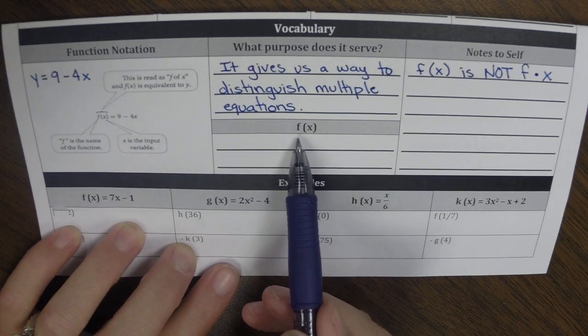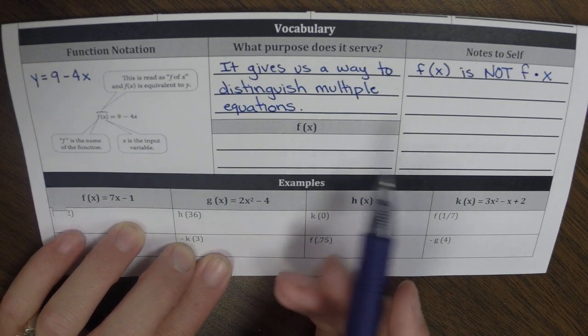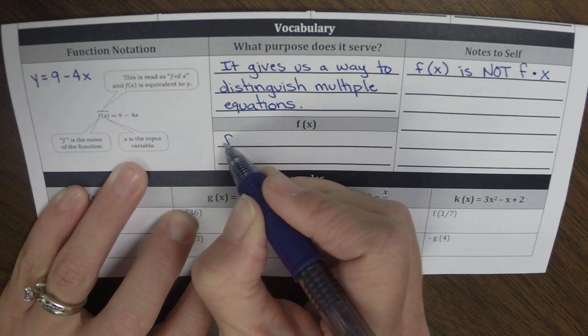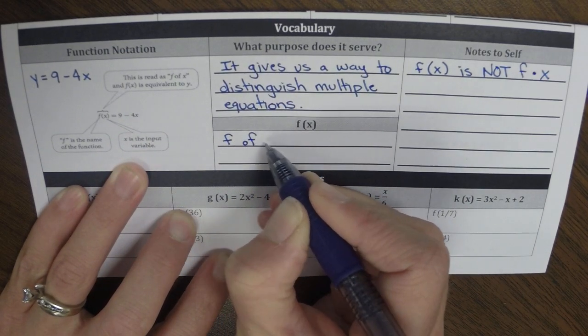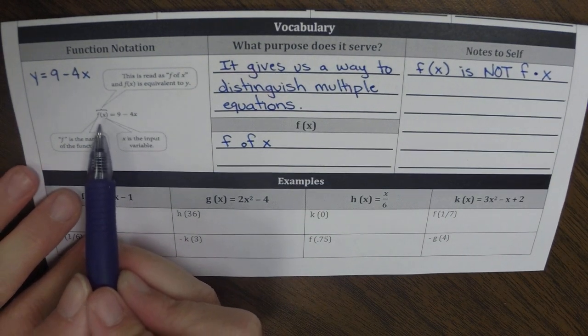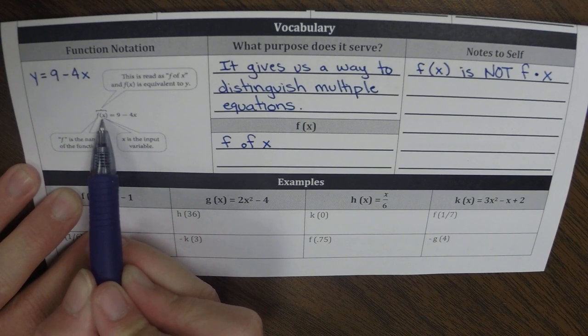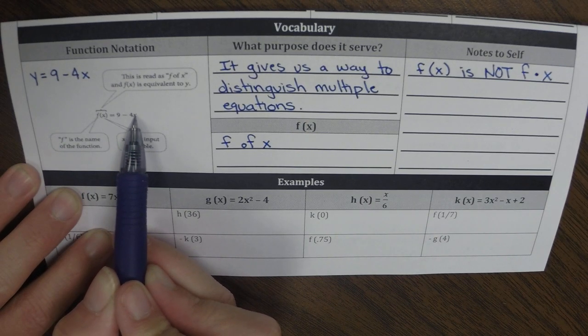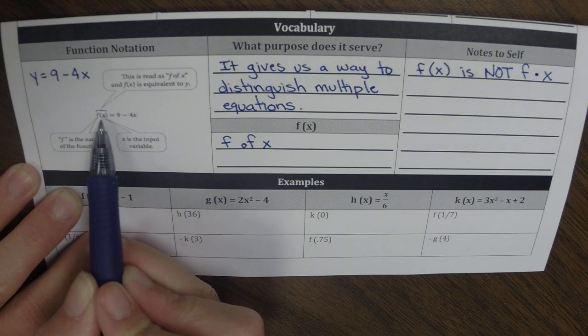Okay? And again, this is read f of x, and I expect you to be able to use that language. And this is the input variable, so what we put in is x, what we get out is f of x.